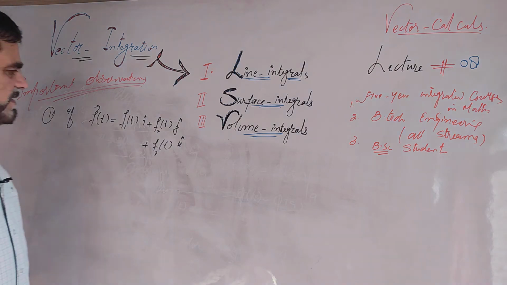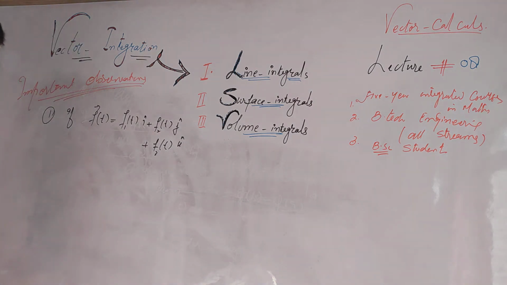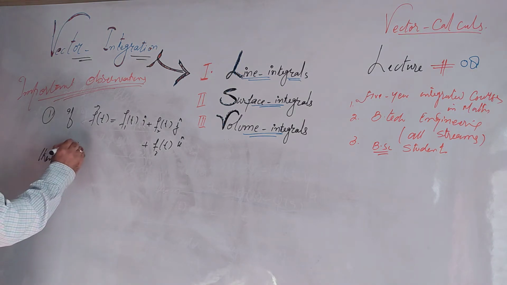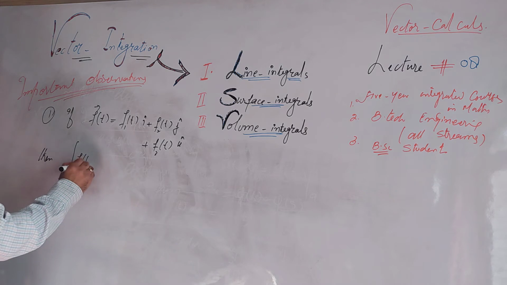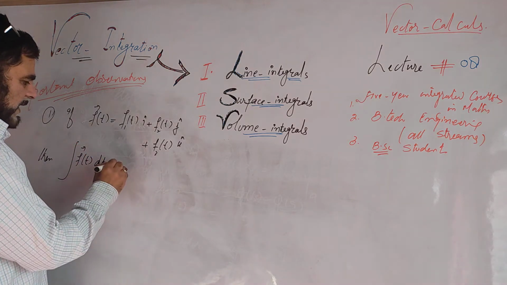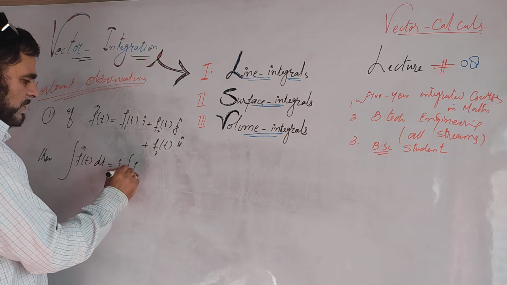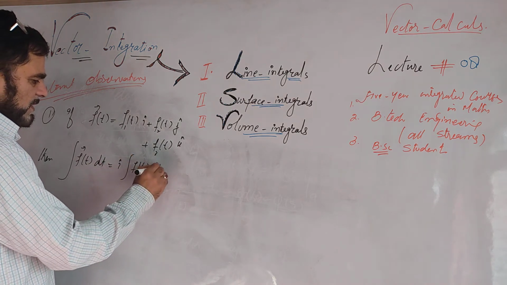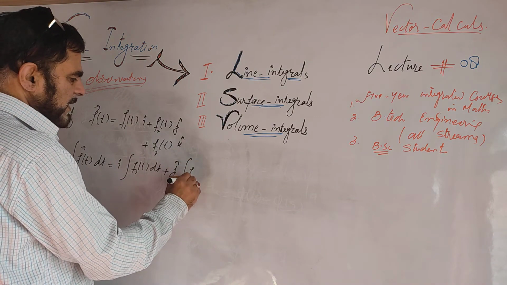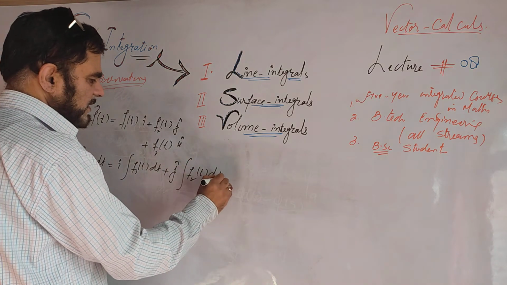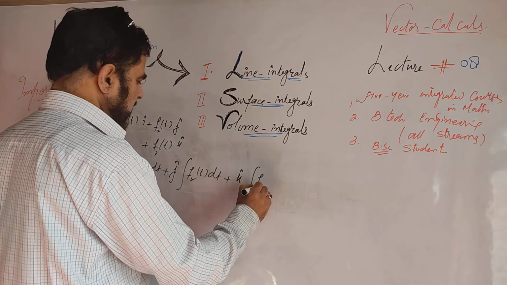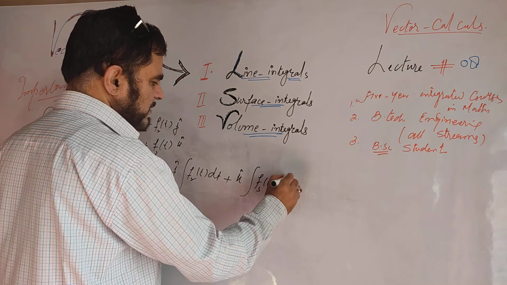I have to integrate this with respect to t. You just see how we integrate. Then you want to find the integral of f of t with respect to t. It is simply i times the integral of f1 of t with respect to t plus j times the integral of f2 of t with respect to t plus k times the integral of f3 of t with respect to t.